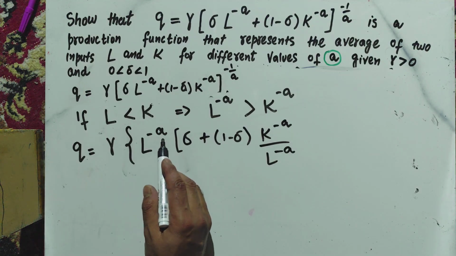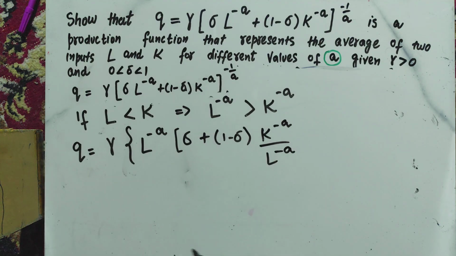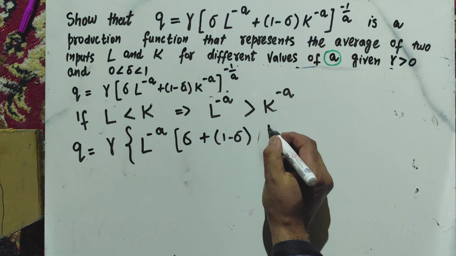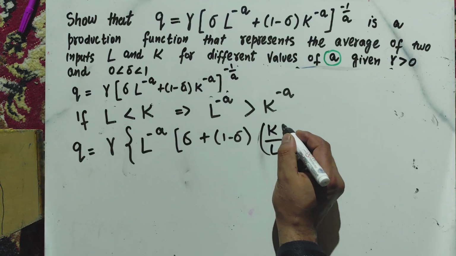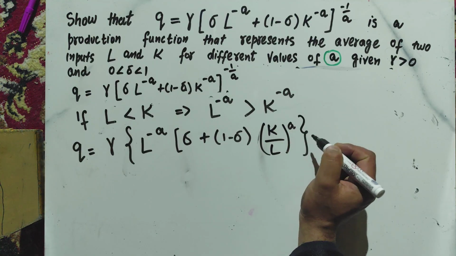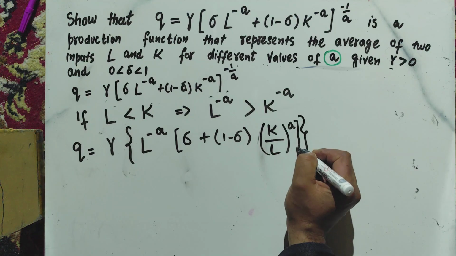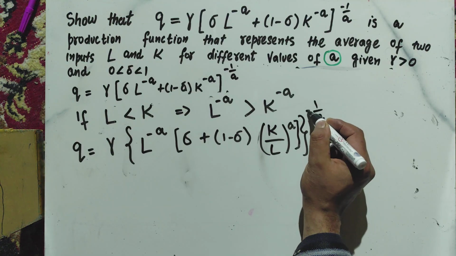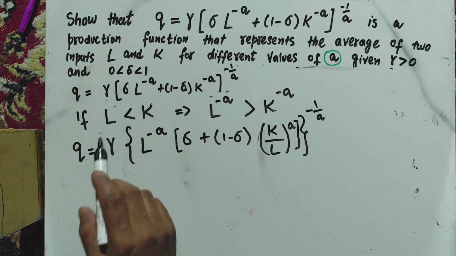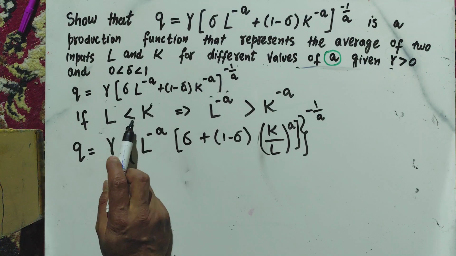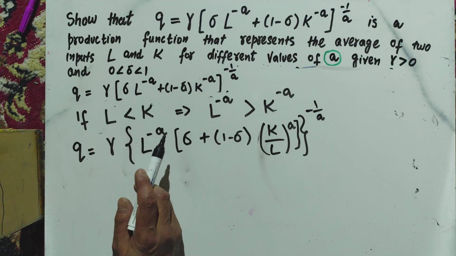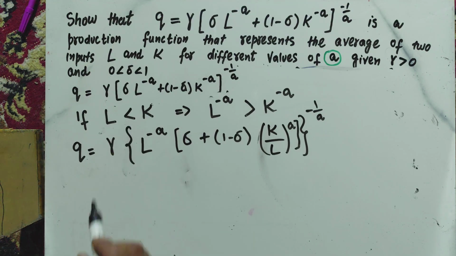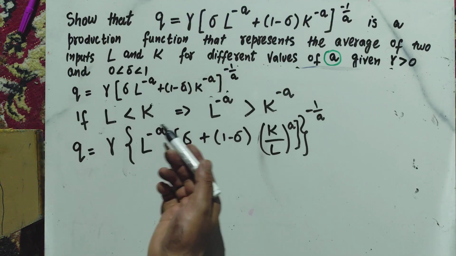Why? Because if I multiply with this, this will get cancelled. Let me rewrite it here to save space: I will get K upon L whole raised to the power a, then the whole raised to the power minus 1 upon a. We assume that if units of labor are less than units of K, we will get this result.